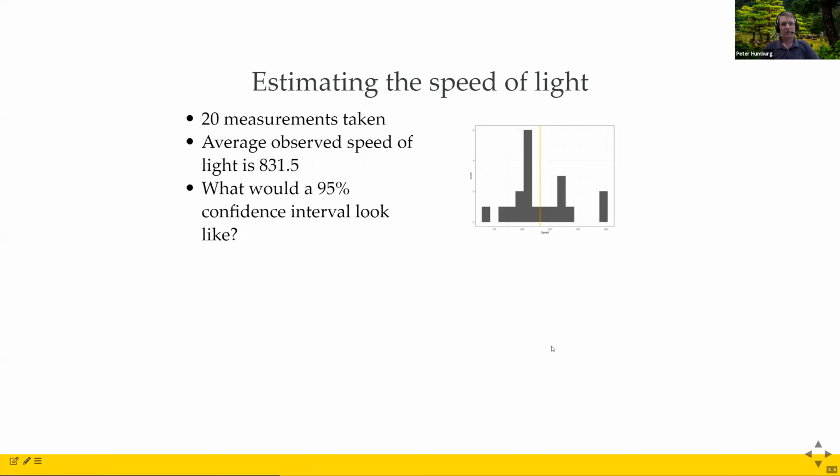That's well and good, but I think it's fair to say that there's some uncertainty in this measurement. So maybe it might be interesting to have a confidence interval around that. One way to get that is with bootstrapping.